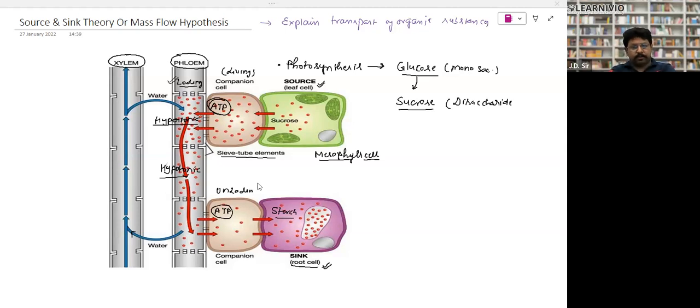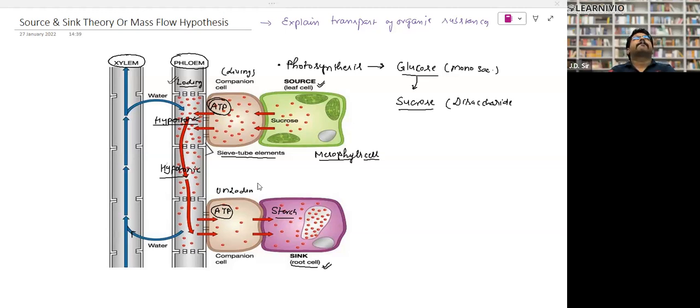Next point. Again, from companion cell, food is transferred to sink by passive process. Full stop.